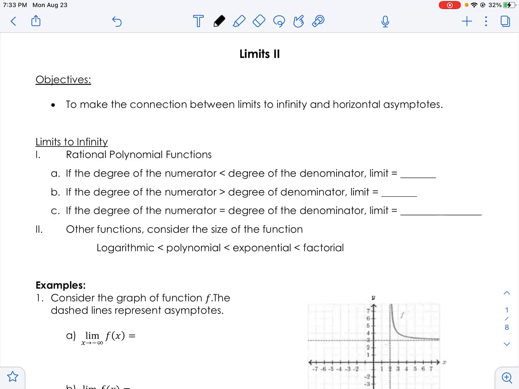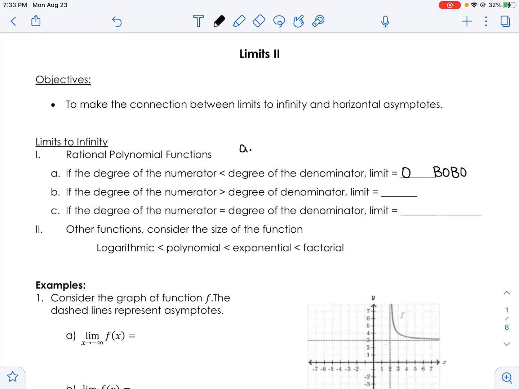So, some tricks that help us with limits to infinity. When we're dealing with rational functions, if the degree of the numerator is less than the degree of the denominator, the limit is 0. I have a little acronym to help us: BOBO, bigger on bottom.